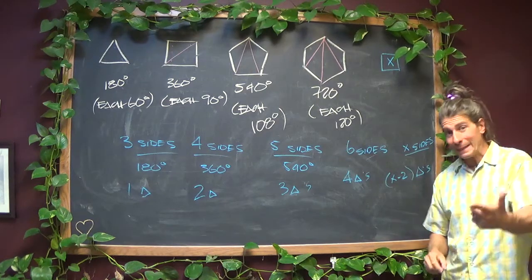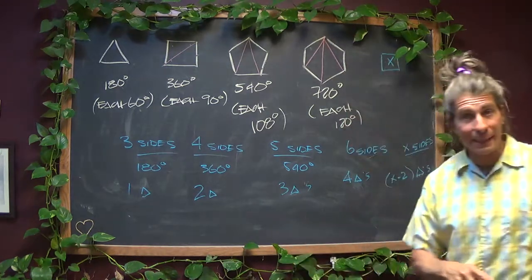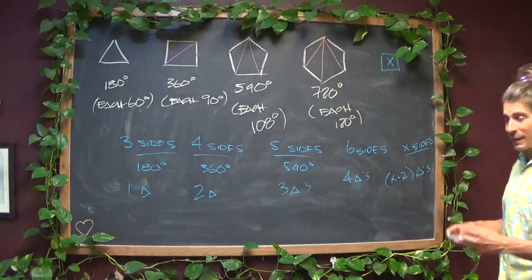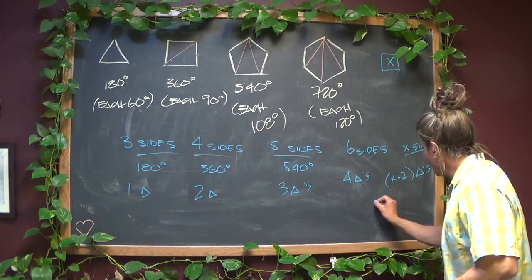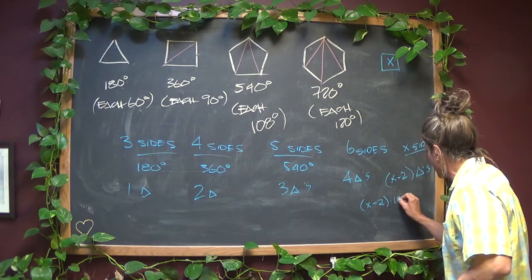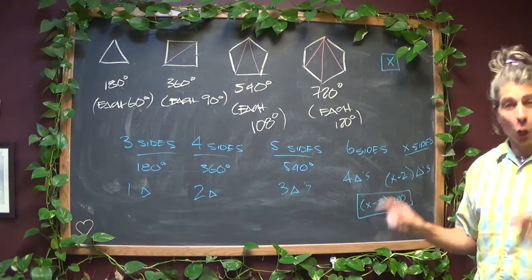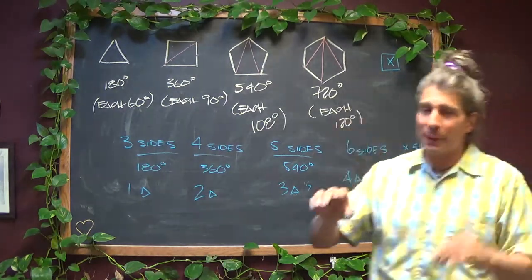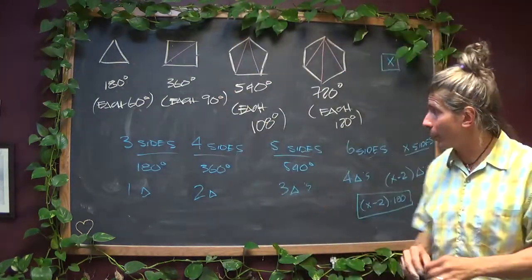So if you had 18 sides, you'd have 16 triangles. If you had 20 sides, you'd have 18 triangles. If you had 30 sides, you'd have 28 triangles. So that part of the formula I wrote, x minus 2 times 180, tells you the total number of degrees in the polygon on the inside of your shape.